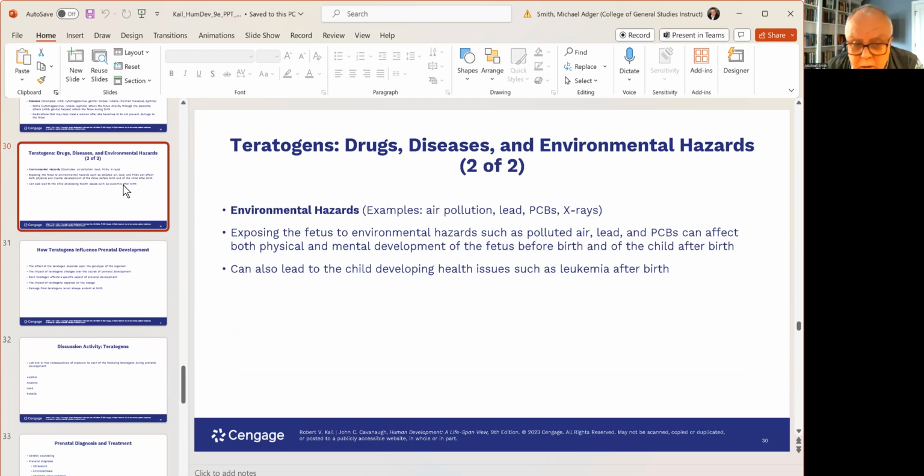Environmental hazards: air pollution, lead, PCBs, X-rays, living in houses where they have lead paint on the wall could be a worry. Exposing the fetus to polluted air, lead, all these things can affect physical and mental development of the fetus before birth and of the child after birth. It can also lead to the child developing health issues like leukemia after birth. So anything like this is really, really serious.